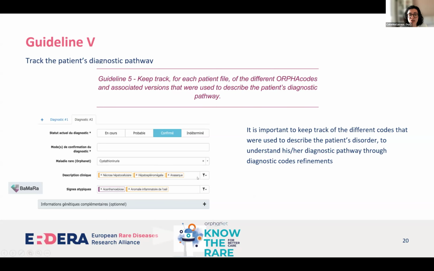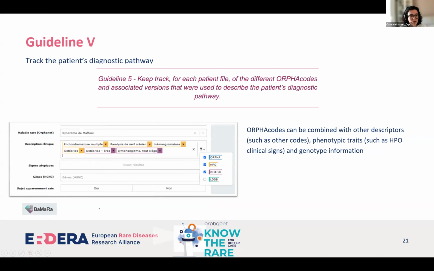So ORFA codes can be used together with other descriptors, for example, human phenotype ontology descriptions. So for example, here you have again the screen from Bamara. Here you have the clinical description. So after putting an ORFA code, you can always go back and add specific clinical signs of that patient. And you can also add, and this is very important, I think, atypical signs that the patient has, but that are maybe not typical signs of that disease. And again, you can also add complementary codification such as ICD-10.